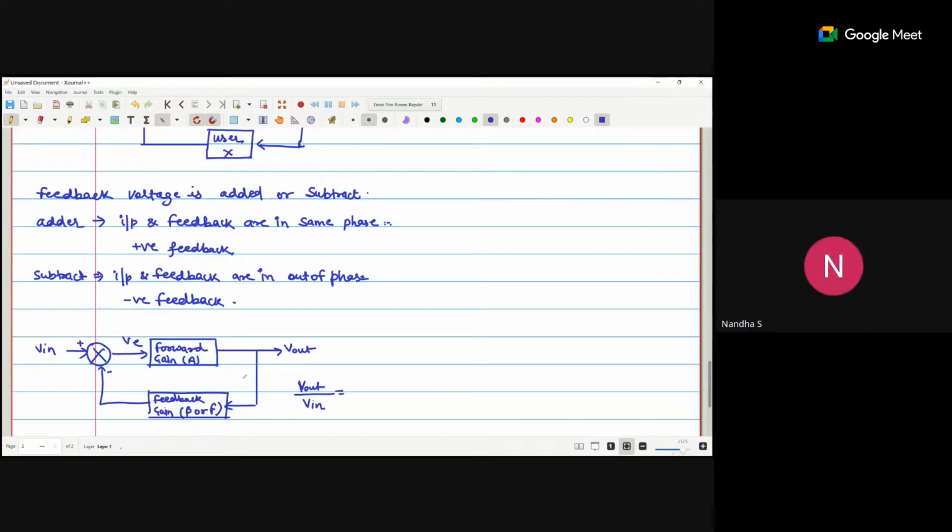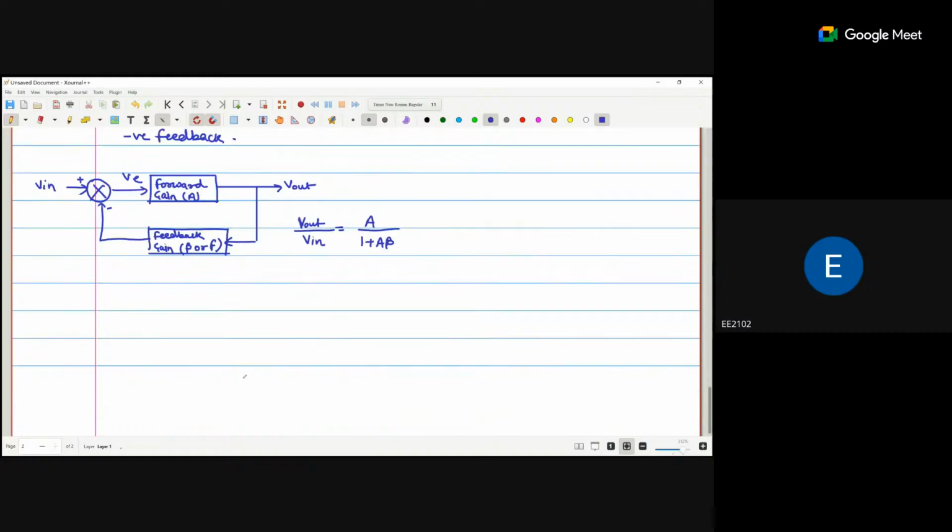Gain ratio. Okay. Anyone knows the formula? Remember the formula? A upon 1 plus A beta. So basically, V out by V in is A upon 1 plus A beta or AM.